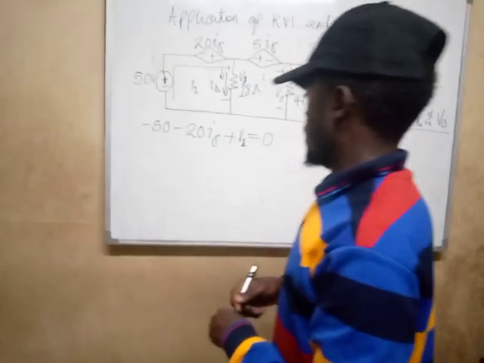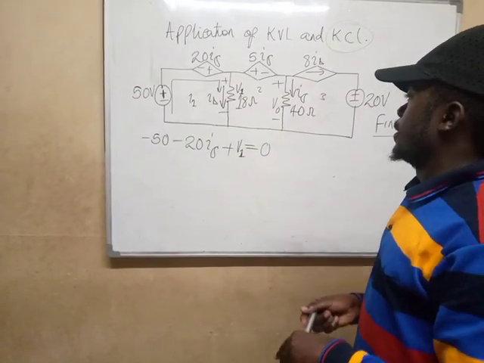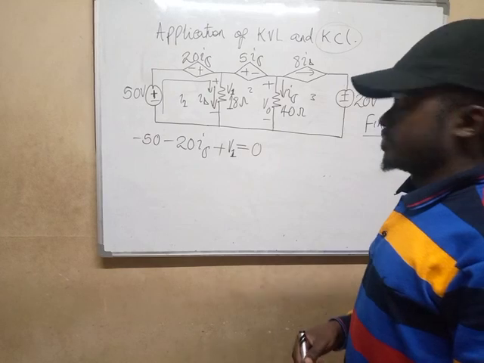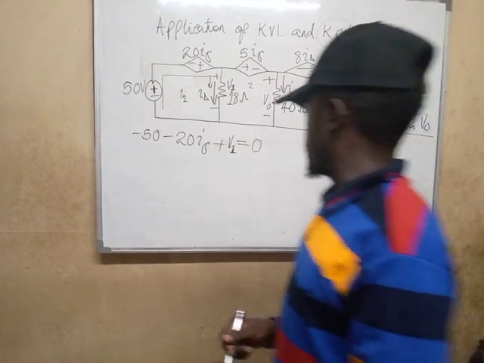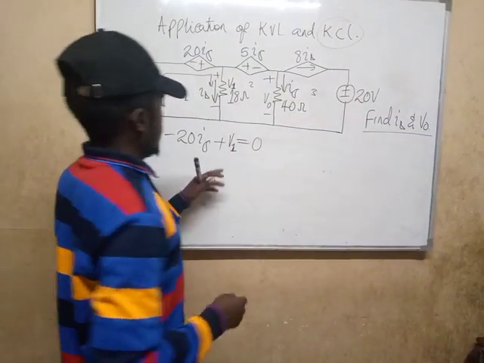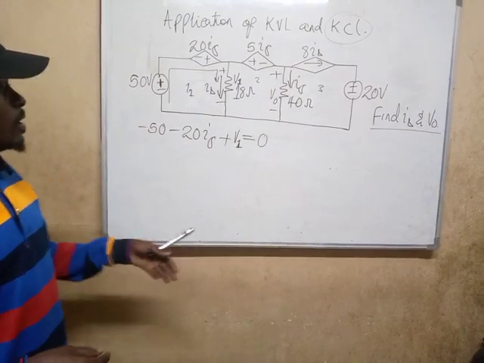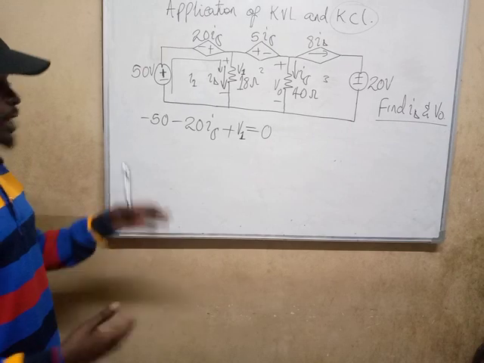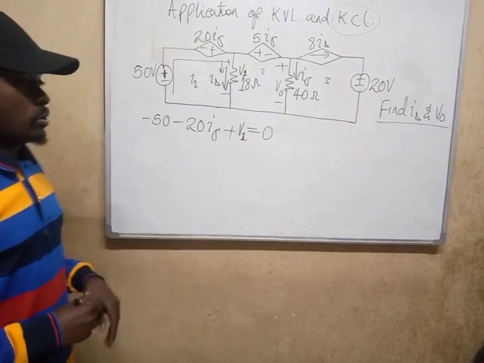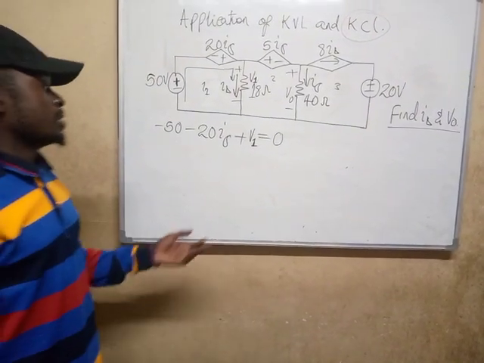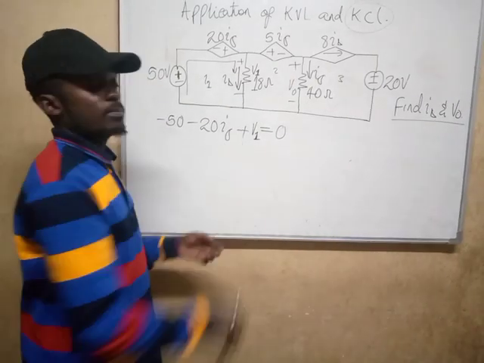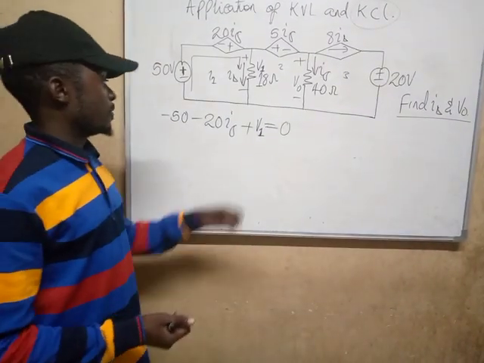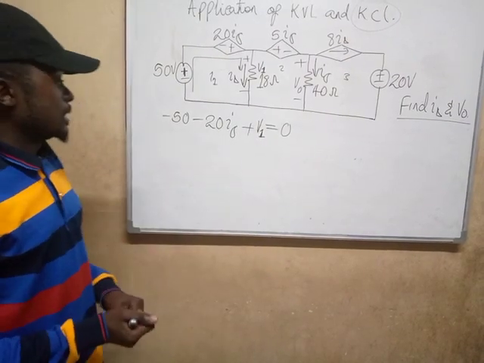Now I think I can make changes where necessary, because at the end I want to have like terms. I want everything to be in terms of current, so I don't want to have mixed variables.